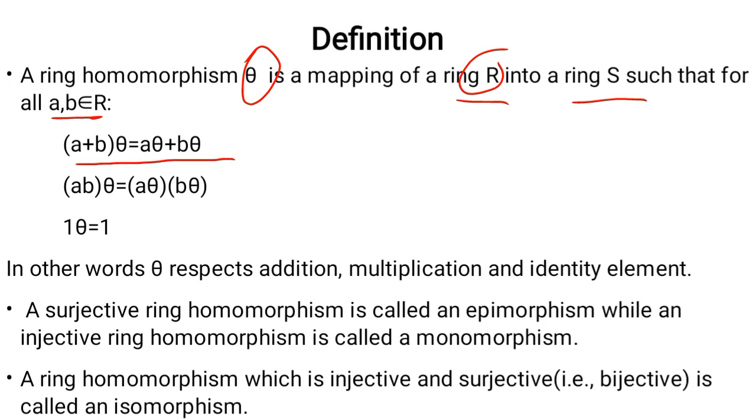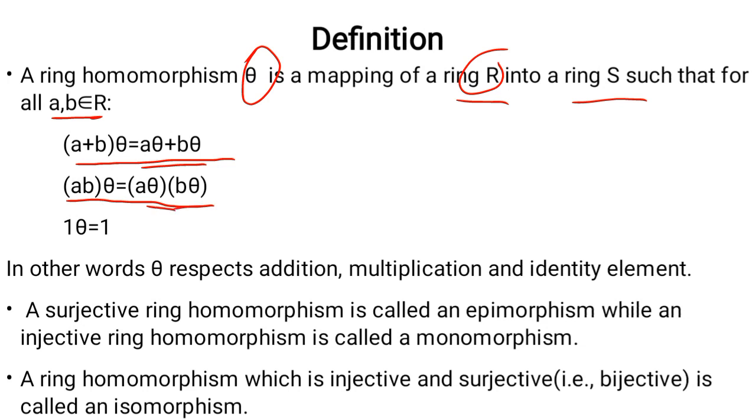That is, if you take the sum A plus B and the map acts on it, it will break it into the map acting on A on its own plus the map acting on B on its own. And the second identity is just like working with homomorphisms of groups, where you have the product AB and theta acting on it will split it into two different ones.